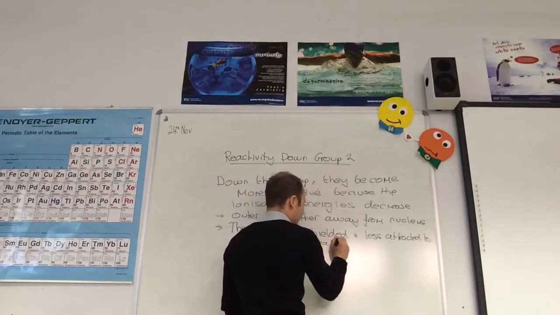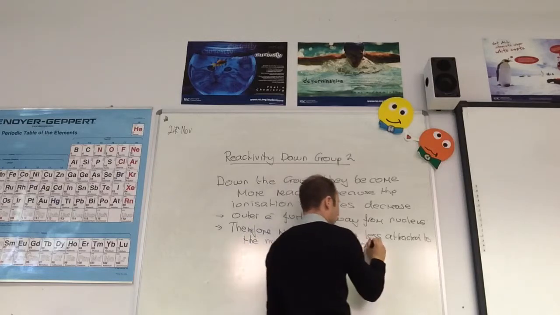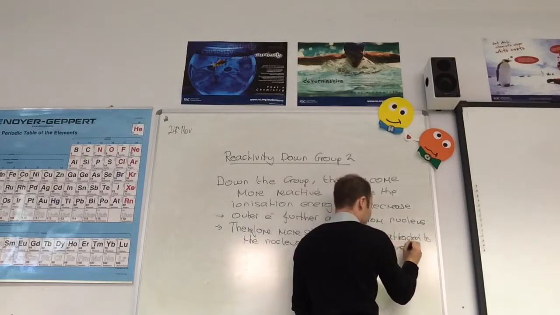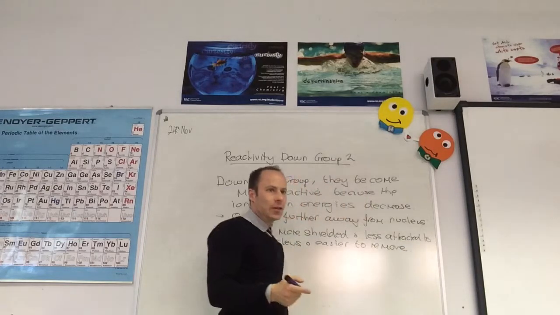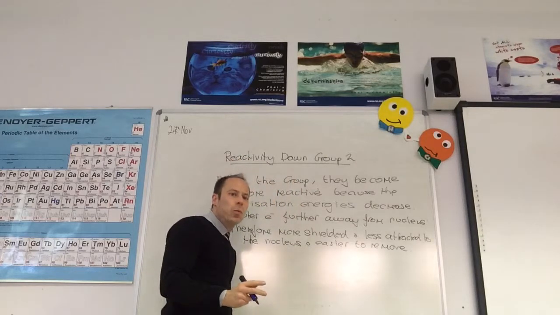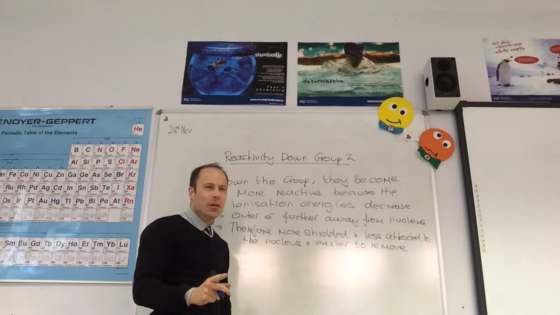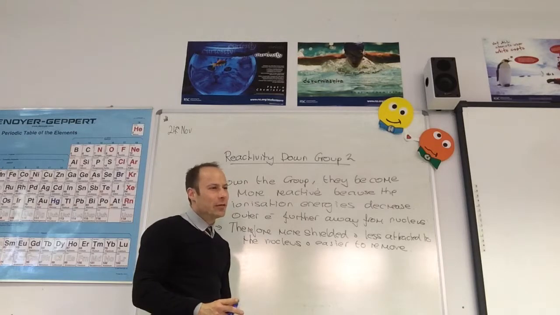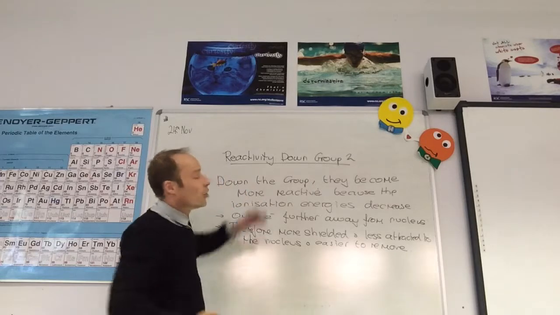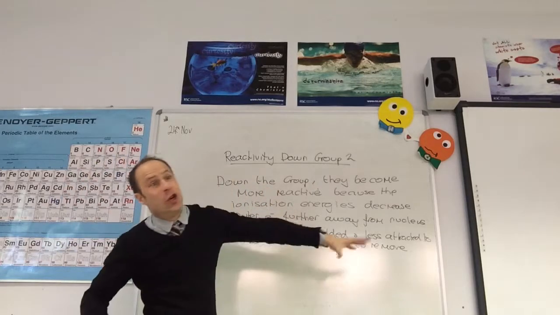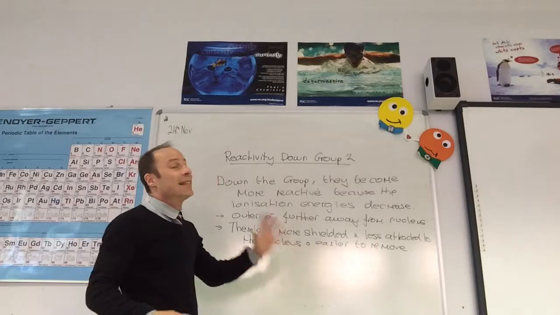And easier to remove. That's fine. So, remember that's the opposite to the trend of group 7. Why is it opposite to group 7? Because they're trying to gain an electron. Fantastic, yeah. Group 7 are gaining, group 2 are losing. So that's why we see the opposite trend.